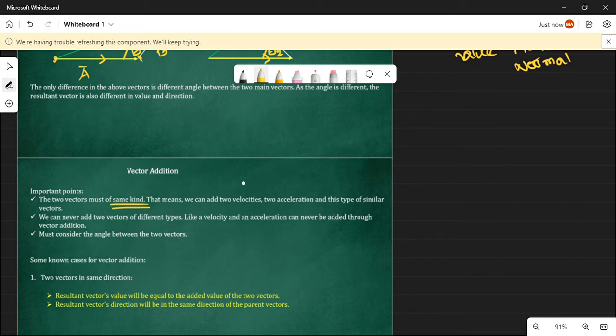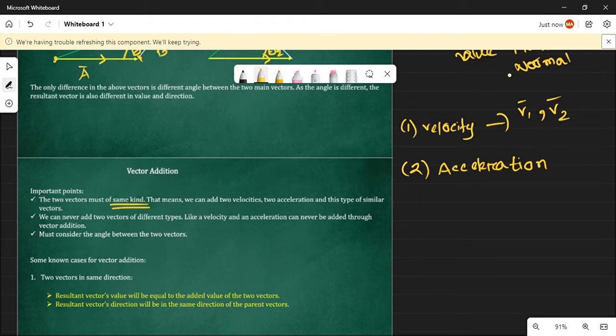Say we take two types of vector, velocity and acceleration. For velocity, we have vectors v1 and v2, and for acceleration, vectors a1 and a2. Same kind means these are of the same kind of vector, and these are of the same kind of vector.